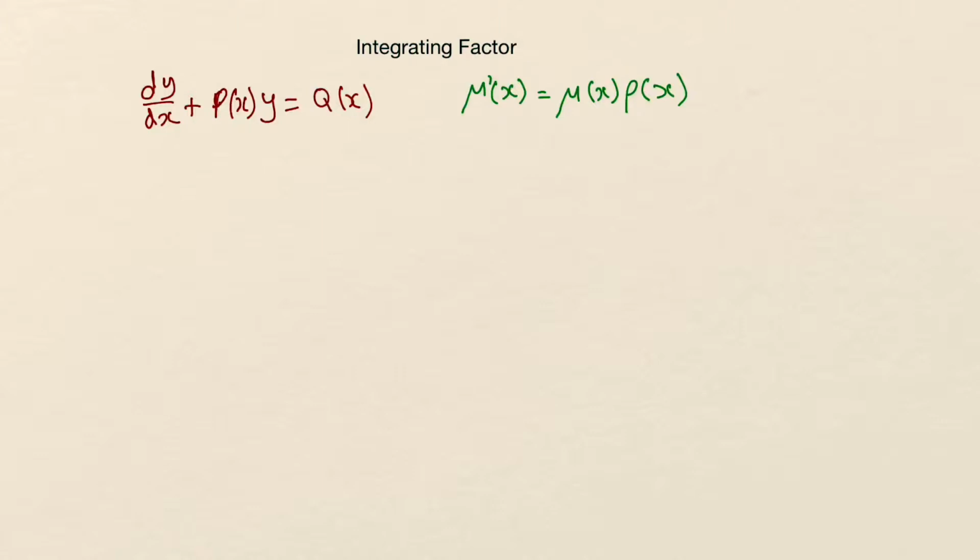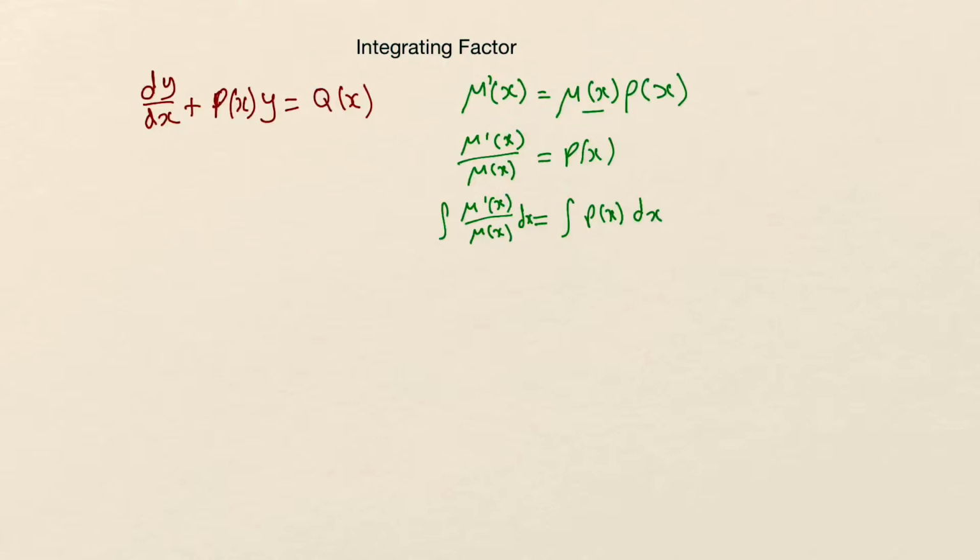So to find out what mu of x is going to be, without having to know mu dash of x, we are going to separate so that p of x is the subject of this equation, and then we're going to integrate. So we've got the integral of mu prime of x over mu of x dx is equal to the integral of p of x dx.